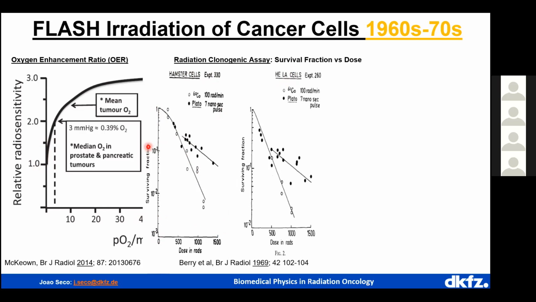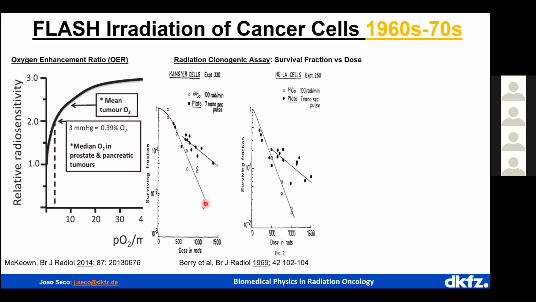So this is a log scale. The white dots represent your normal clonogenic survival curve, and the FLASH effect is the black line. So you see here that for normal dose delivery, I kill a lot of cells, but under FLASH, I spare the cells a lot. So there's a huge decrease in the number of cell kills.